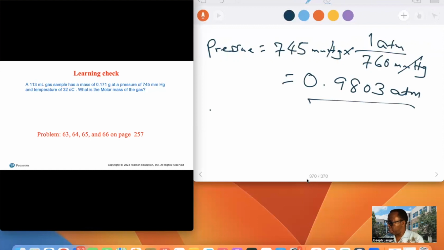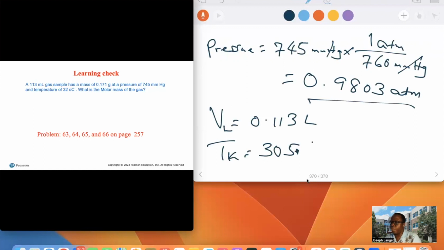Volume changed to liters is 0.113 liters. Temperature in Kelvin is 305.15. So we have all the information we need.